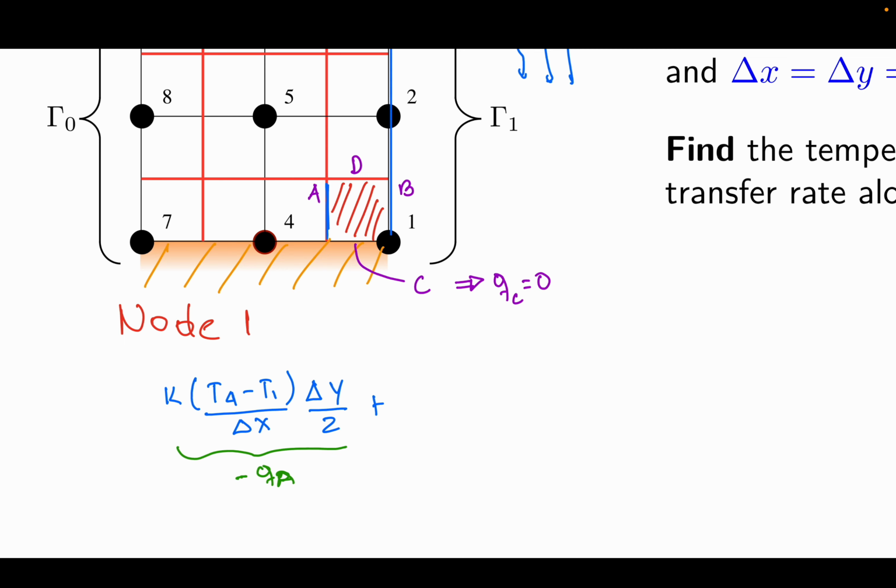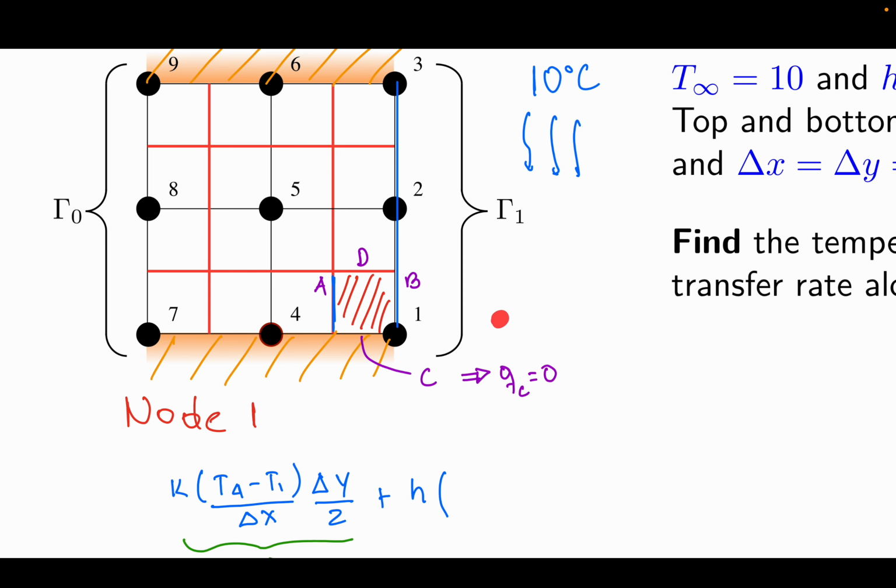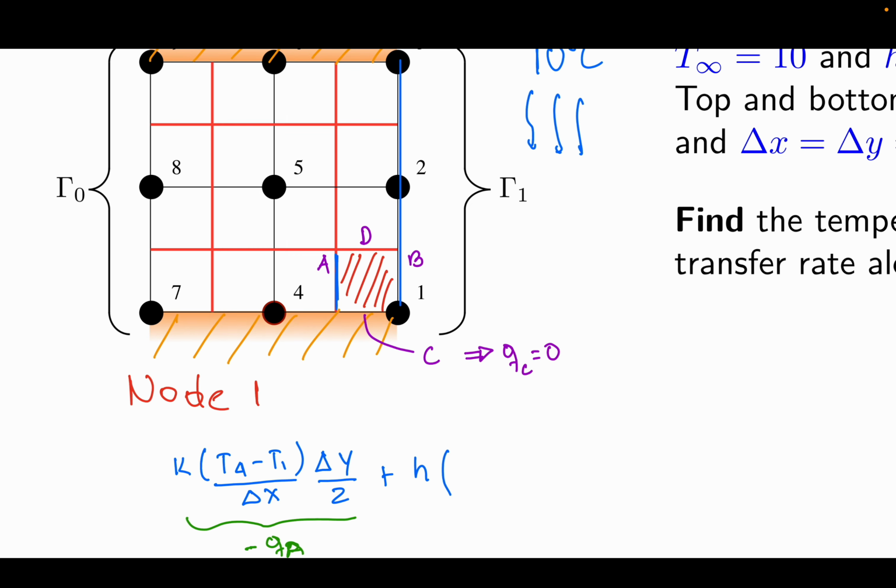And so we continue with B. B is a convection boundary condition, so convection is H multiplied by the temperature out, which is the temperature of the fluid, I'm going to write it like T infinity, minus the temperature in this case, which will be the temperature at 1, T1, multiplied by delta Y. Remember that this is the one that we developed in the last section, and the area is delta Y divided by 2.